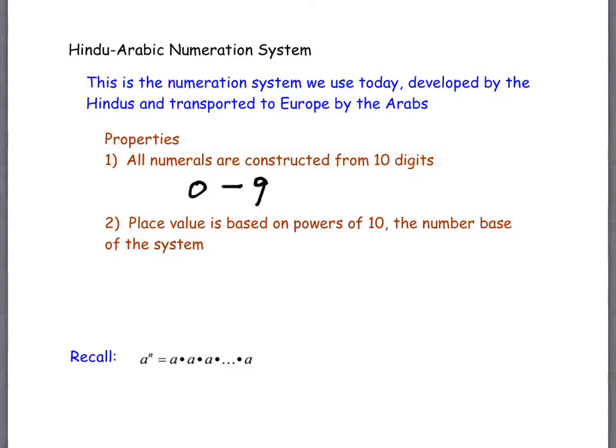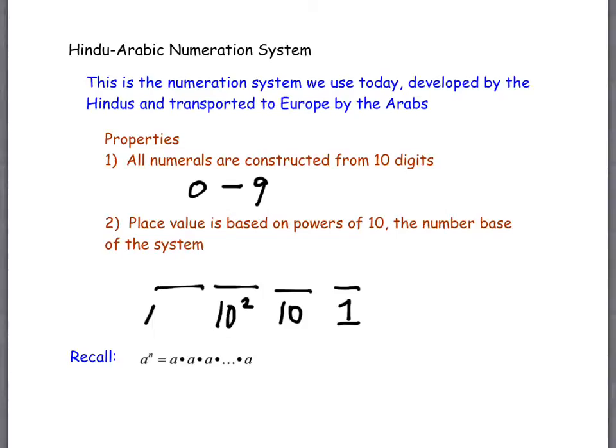Our system has a place value system, and it's based on the powers of 10. That's the number base of the system. So we have the ones place, the tens place, and the hundreds place, but 100 is the same as 10 squared.